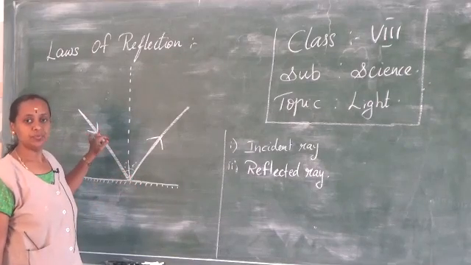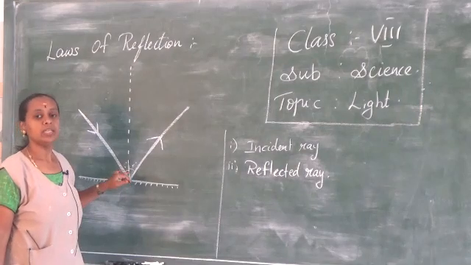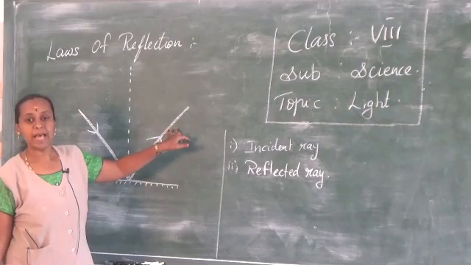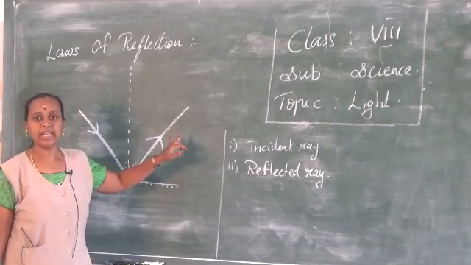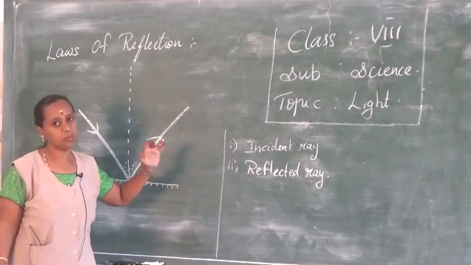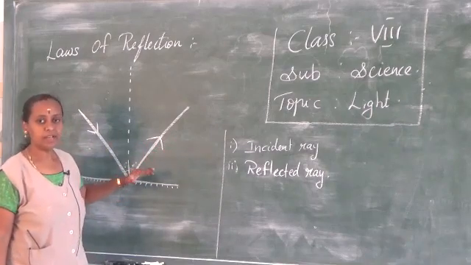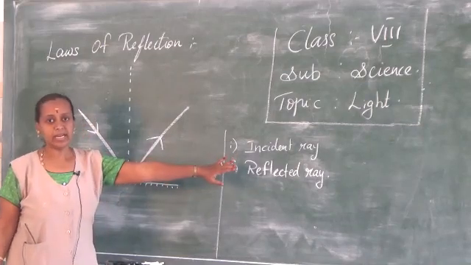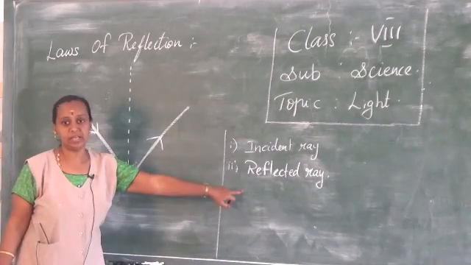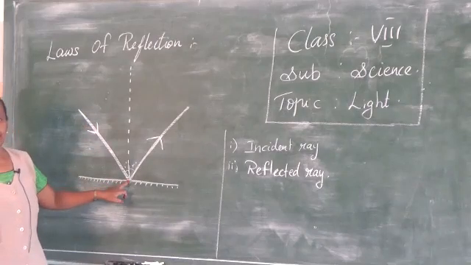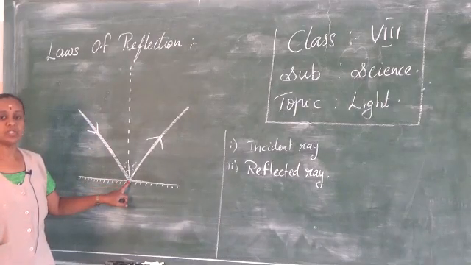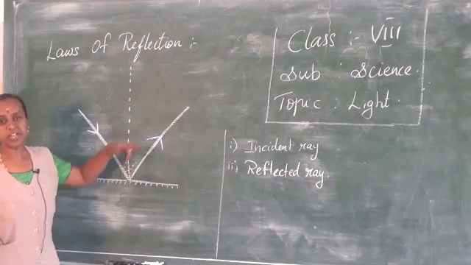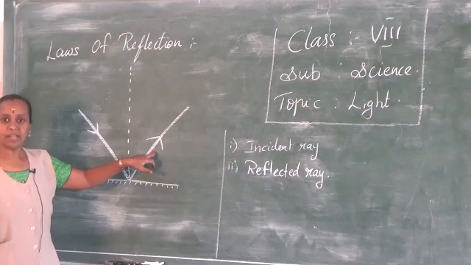A ray which falls on a smooth surface is called the incident ray. After falling, it returns back to the medium. Medium may be air or water, whatever it may be. This returning ray is called the reflected ray. The ray which falls on the smooth shiny surface is the incident ray, and the ray that bounces back to the medium is the reflected ray.